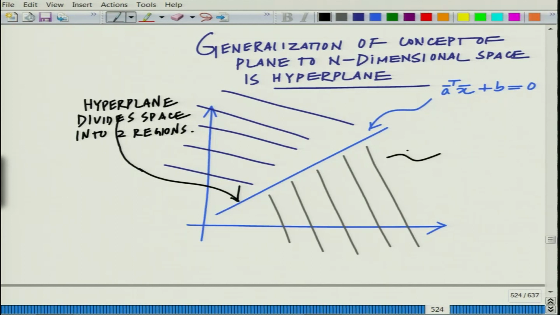One corresponds to the region A bar transpose x bar plus b greater than or equal to 0, and the opposite one is A bar transpose x bar plus b less than or equal to 0. And of course, the hyperplane itself is A bar transpose x bar plus b equal to 0.